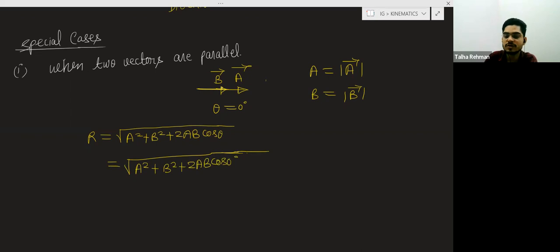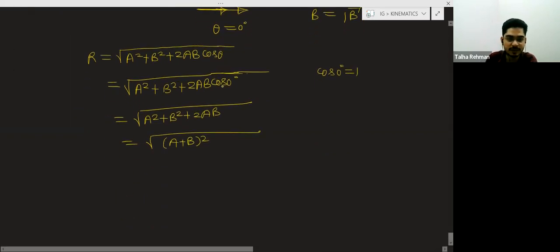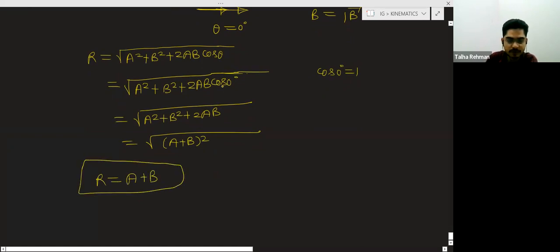What is the value of cos 0? Cos 0 is equal to 1. So you will get under root of A square plus B square plus 2AB, and this will become A plus B whole square. And finally, you will get the resultant A plus B. This is very, very important.